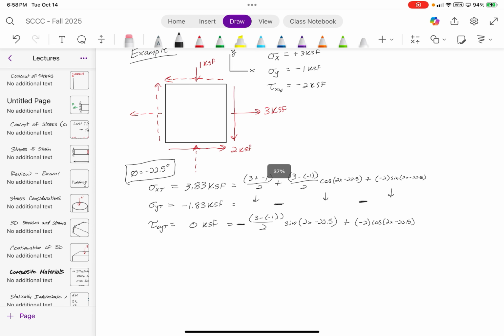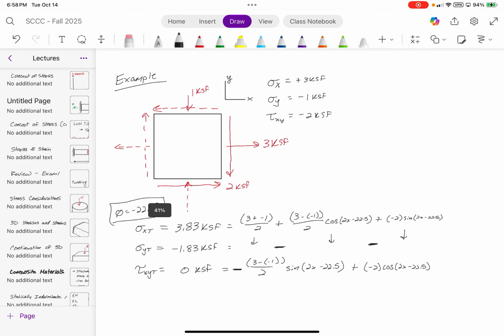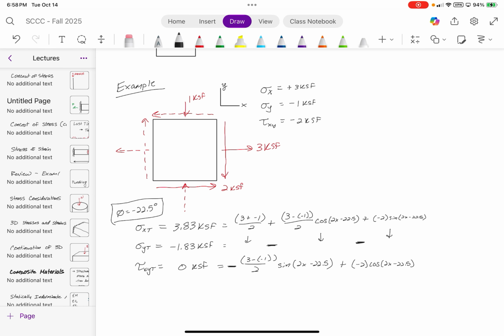All right. Now, what do you guys notice about these stresses here? Sigma x', sigma y', tau xy'. What do you notice? There's a reason why I chose negative 22.5 degrees for this. Any takers?